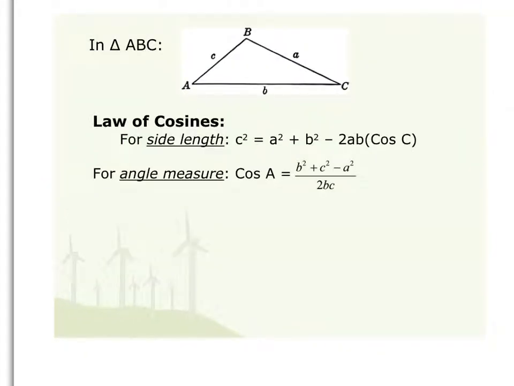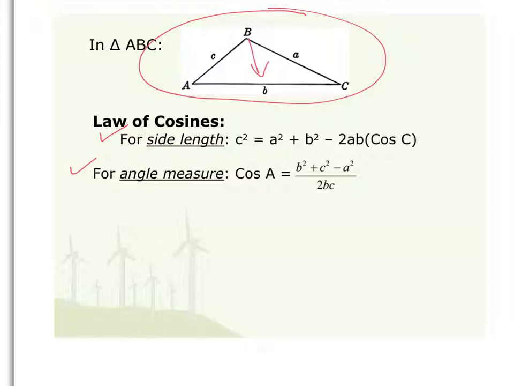Here's how I remember both of these forms, and we do need both because one is for side lengths and the other is for finding angles. Just like the law of sines, it revolves around this diagram that has opposite side, opposite angle labeled with the same letter. Angle uppercase, side lowercase. This one is set up to solve for c.